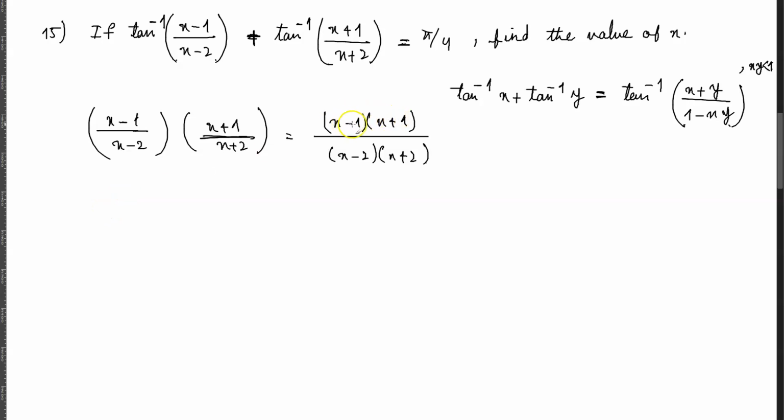And that is a minus b times a plus b, which is equal to a squared minus b squared, which means that I can write this as x squared minus 1 squared. And then this is again the same thing, a minus b times a plus b, so I can write it as x squared minus 2 squared, which is 4. So that's (x squared minus 1) over (x squared minus 4).